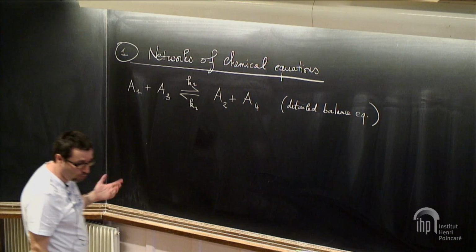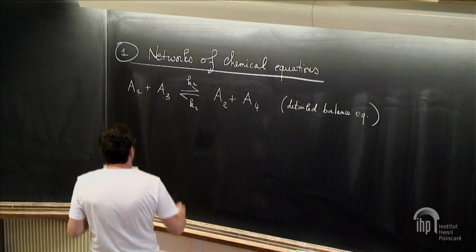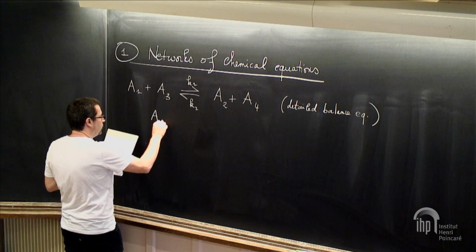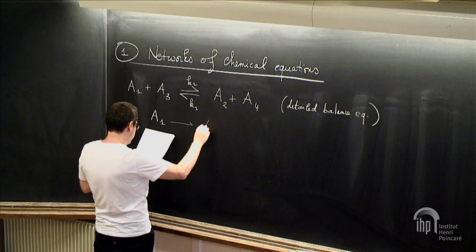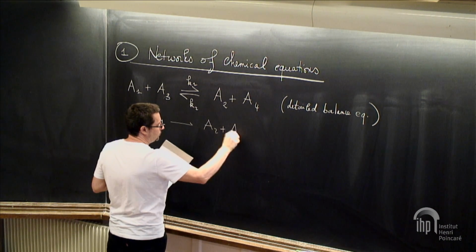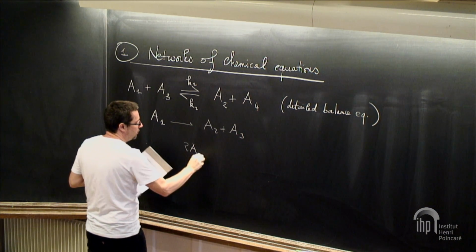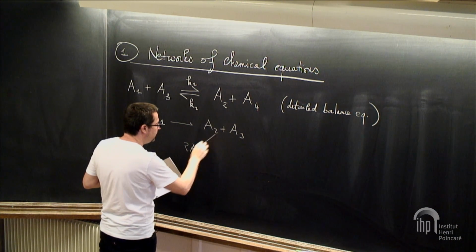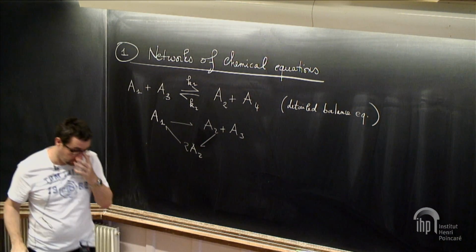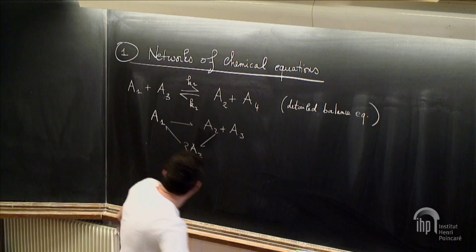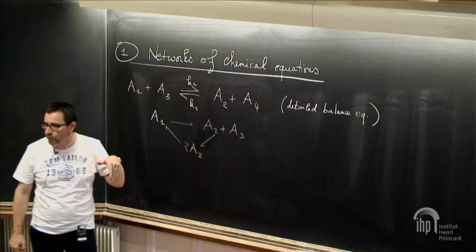And I also want to introduce another example, which is a situation in which you have a cycle. So this happens when you have, let's say, 3 different what we will call complexes, and you can go from one of these complexes to the other one only in one direction.